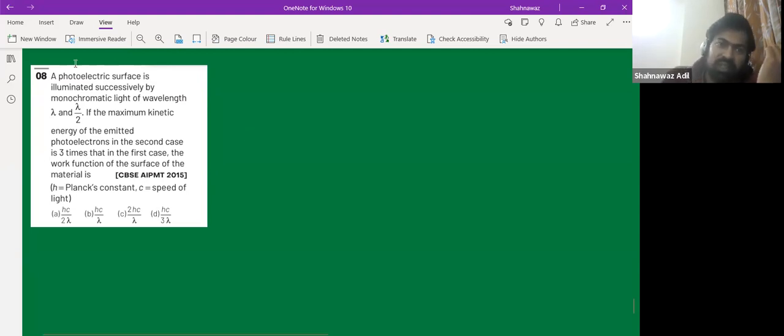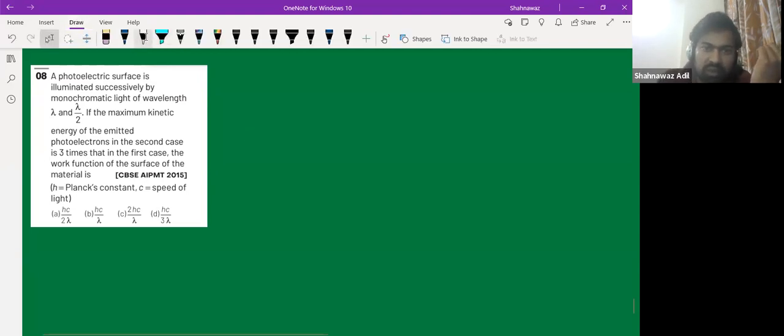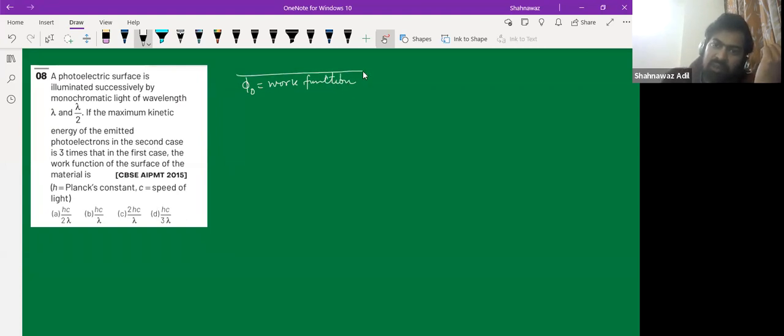So what is the thing that we are trying to find out in here? Work function, right? So that is fine. This is the work function. This is the thing that we are trying to find out. And again, the universal formula that we have, Ke max is equal to h nu minus h nu naught, which is the work function.